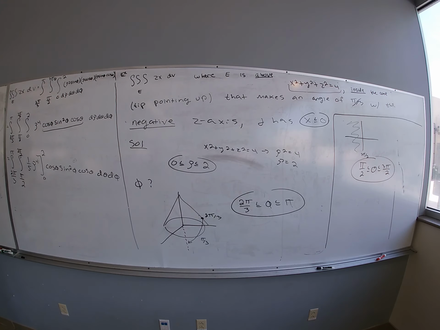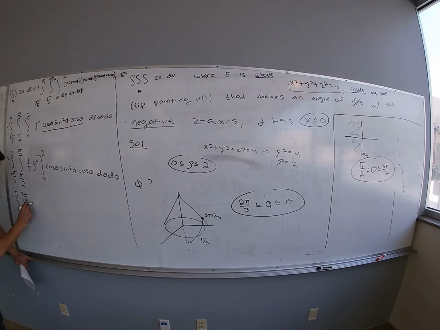Perfect. Let's plug this guy in. Thank goodness 0 doesn't have anything to do with it, so that makes my life easier. This is going to be integral from 2 pi over 3 to pi, integral from pi over 2 to 3 pi over 2. 2 to the 5th. Is that 32?